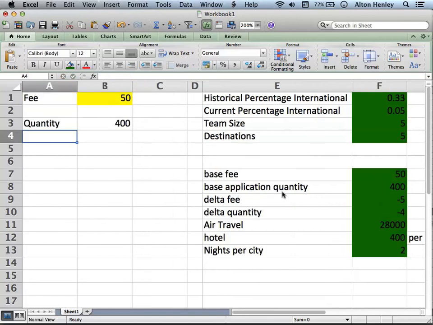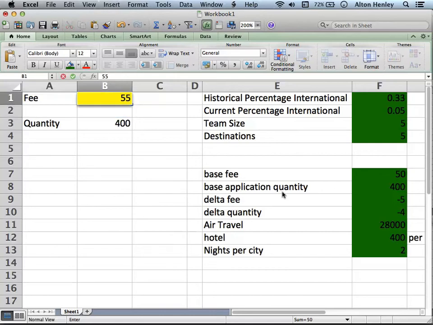So at $50 it's 500, which makes sense. If I reduce my fee by $5 to 45, my quantity went down by 4, which is correct. If it goes up by 5 to 55, my quantity should turn to 404, which it does. That's also correct, and so we're good.